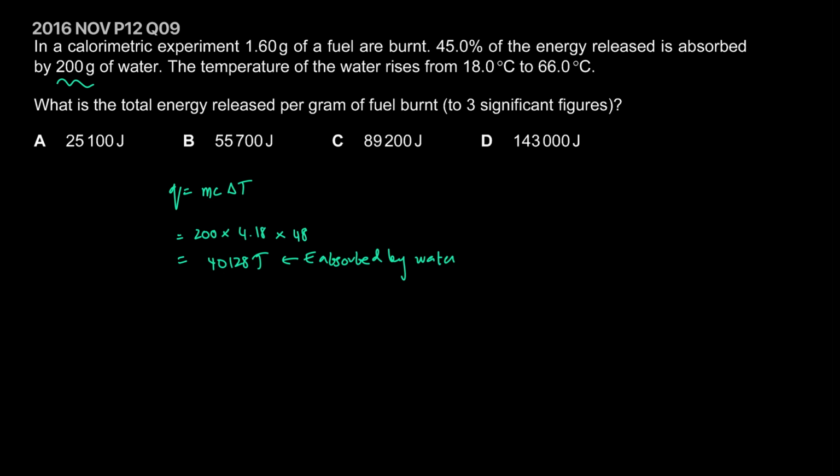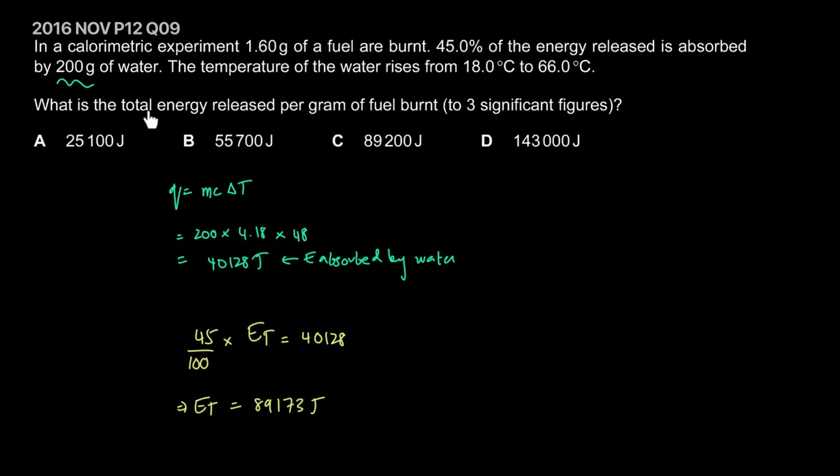Let's say the total amount of energy is E subscript T. 45% of the total amount of energy, that's 45 over 100, is the amount of energy that was absorbed, that's 40,128. So what was the total amount of energy released? The total amount of energy that was released is 89,173 joules.